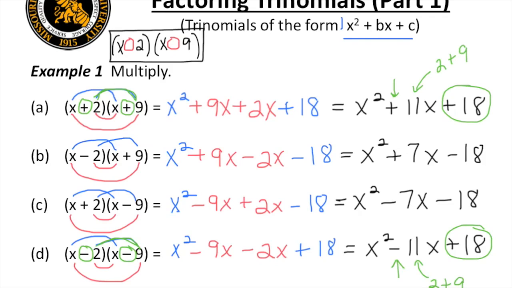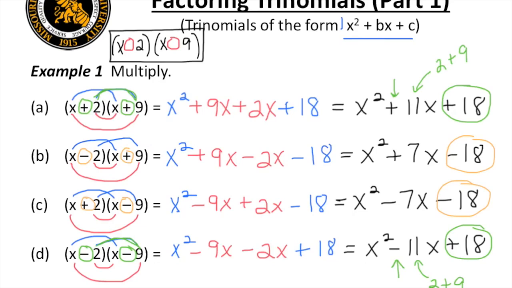Now consider B and C. The third term in each of those trinomials is negative. And to obtain that negative 18, we multiplied a negative times a positive, or a positive times a negative.